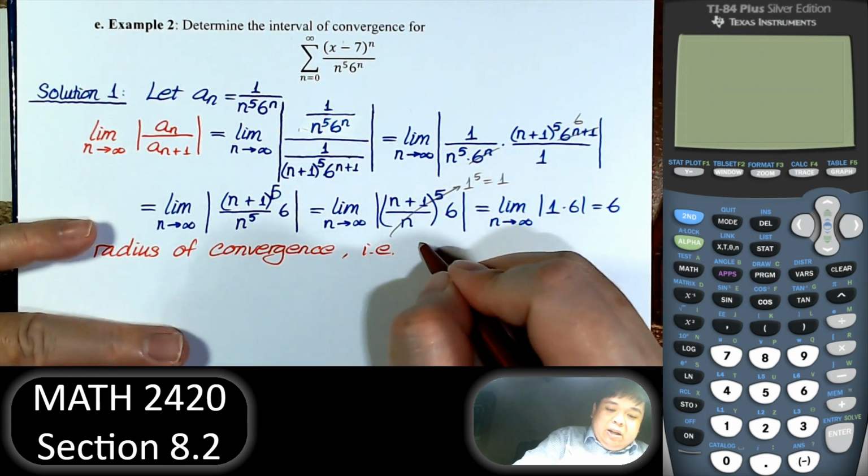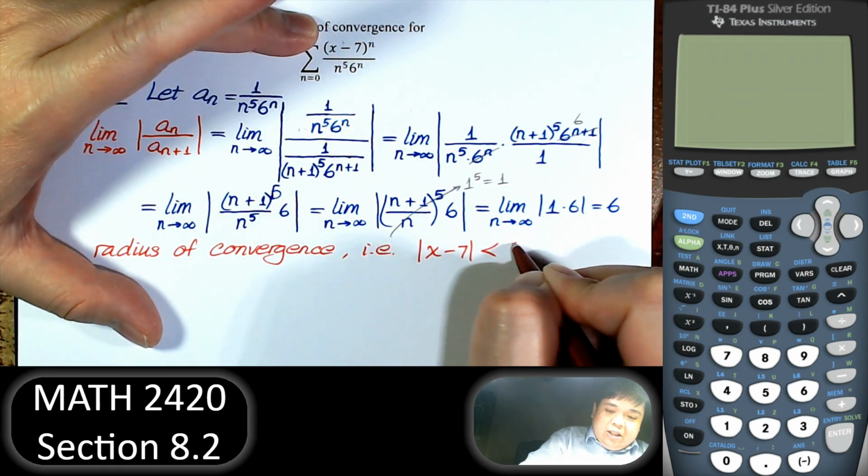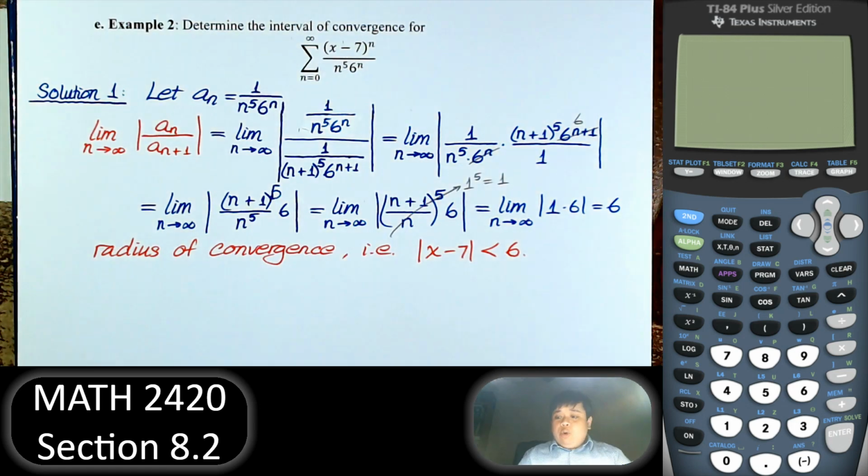By that, I mean the absolute value of x minus 7 will be less than 6. Alright, this is solution 1.